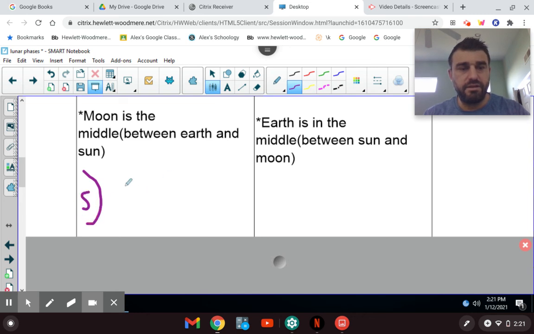And then that would be your moon. And then that would be your Earth. So it would go sun, moon in the middle, Earth.